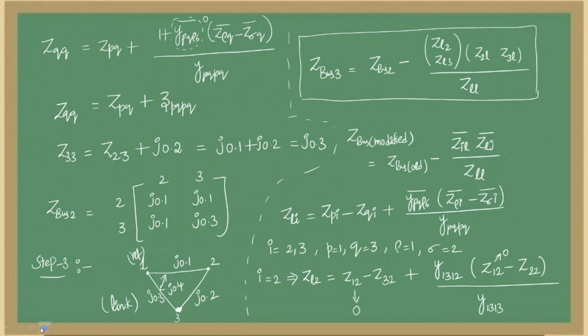Right? Now, how can I find these two admittances from the primitive admittance matrix? First of all, form a primitive impedance matrix for the added element and the element which has the mutual impedance with the added element. So what is the added element?